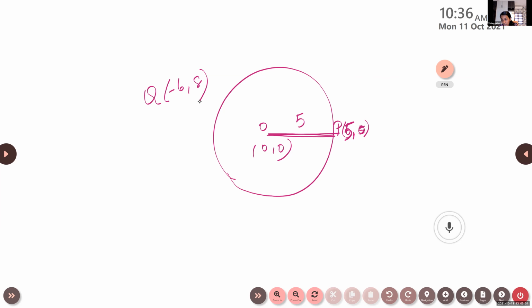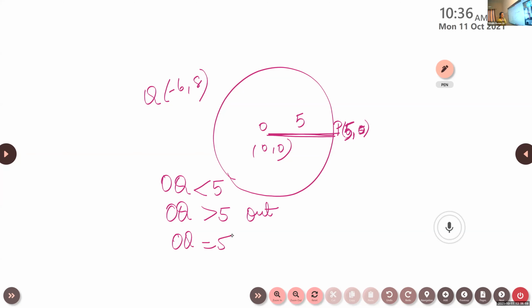Find its distance from origin. Very good. Find the distance from the origin. You find the distance OQ. If it is less than 5, if it is less than the radius, then the point lies inside the circle. If OQ is greater than 5, it lies outside. If OQ is equal to 5, then it lies on the circle.